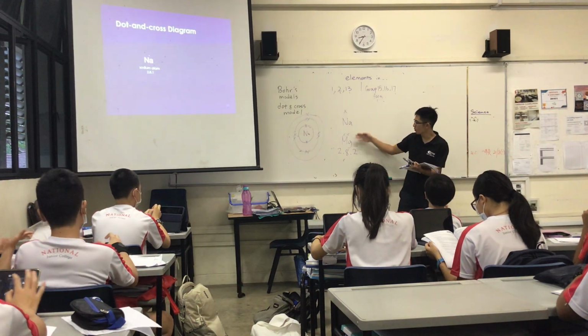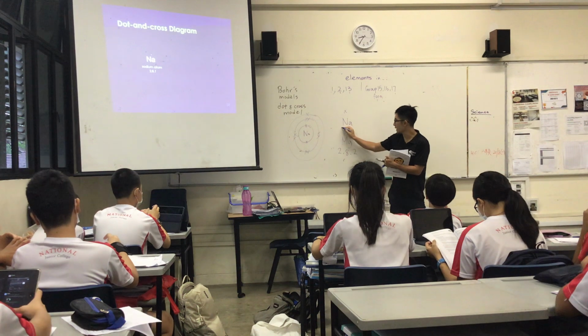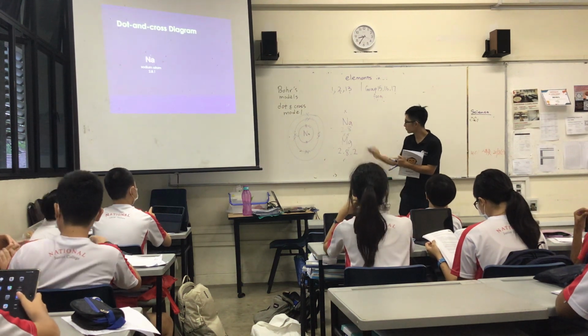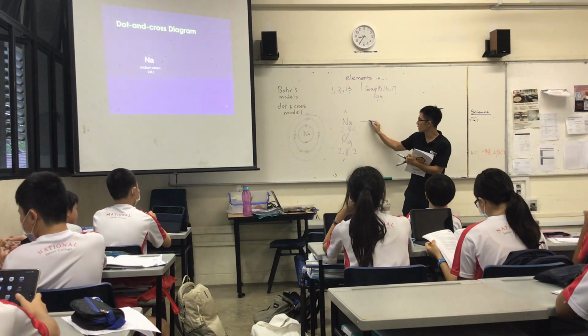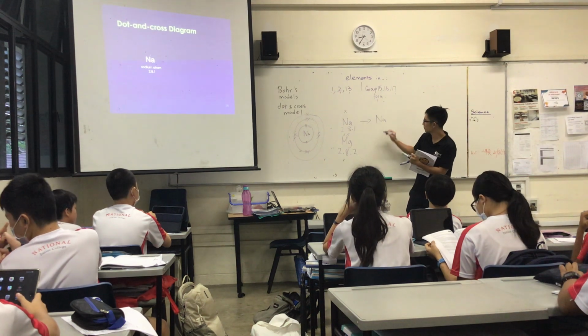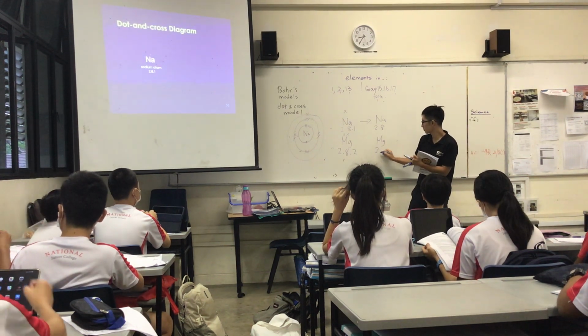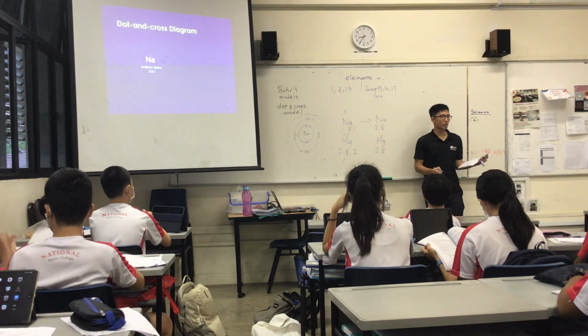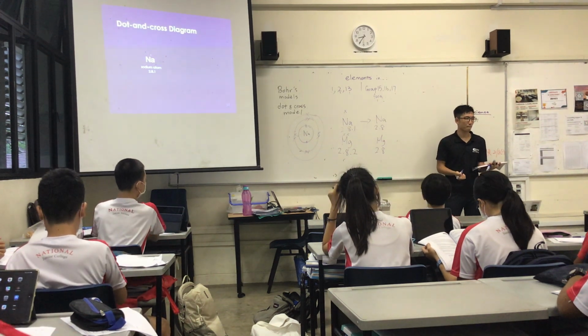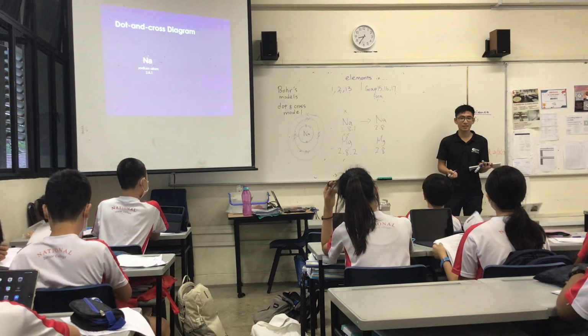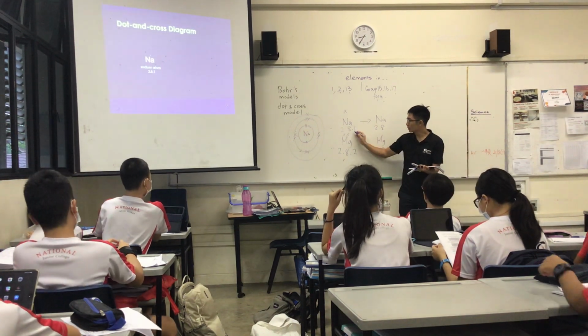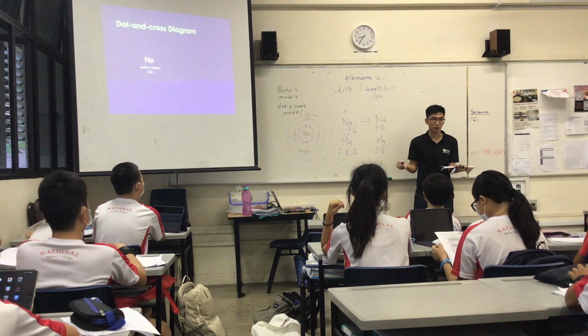If this is what sodium looks like, magnesium looks like as an atom, what would its ion form look like? Okay, what would its ion look like? The reality is that we know that sodium will lose 1 electron, right?